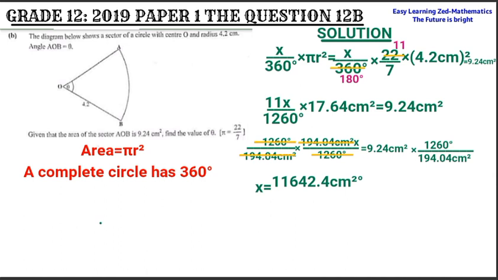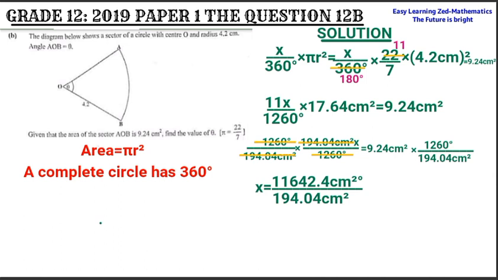That's why the product has centimeter squared as well as degree, which is going to be over 194.04 centimeter squared. In this case, the centimeter squared on top and centimeter squared down will cancel out each other. Then I'm just going to remain with a degree. So my answer is definitely going to be in degrees.